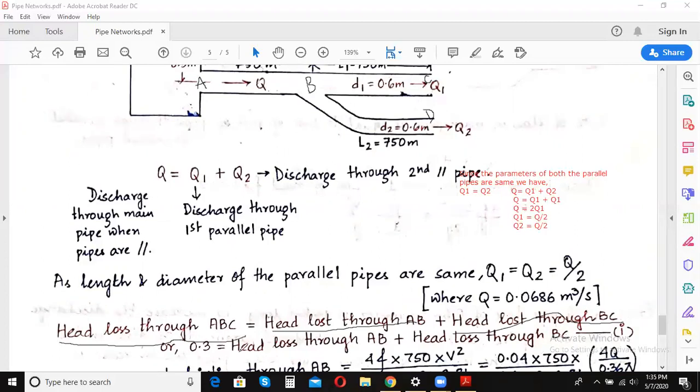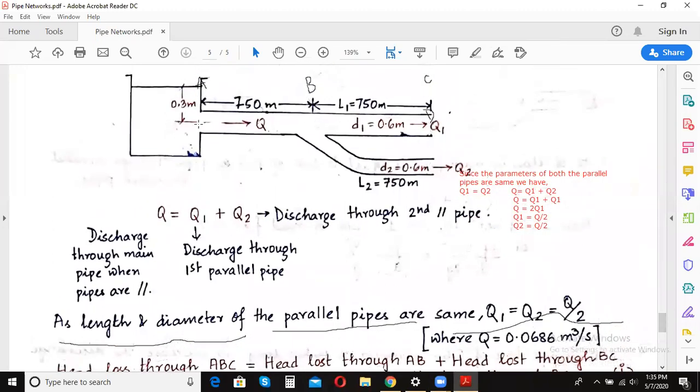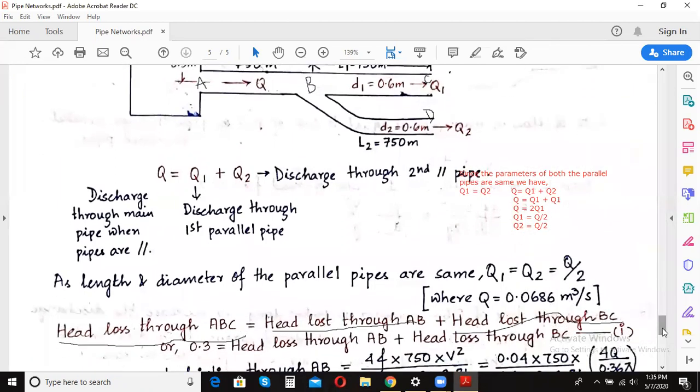Now the head loss occurring through ABC is given as 0.3 meters. I've already done it here. This is ABC, so this part is 0.3. Now we have to calculate the head loss taking place through AB and the head loss taking place through BC.